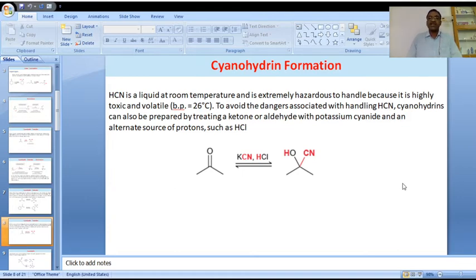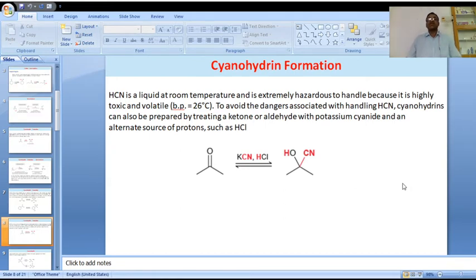To avoid the dangers associated with handling HCN, cyanohydrins can also be prepared by treating a ketone or aldehyde with potassium cyanide and an alternate source of protons such as HCl.